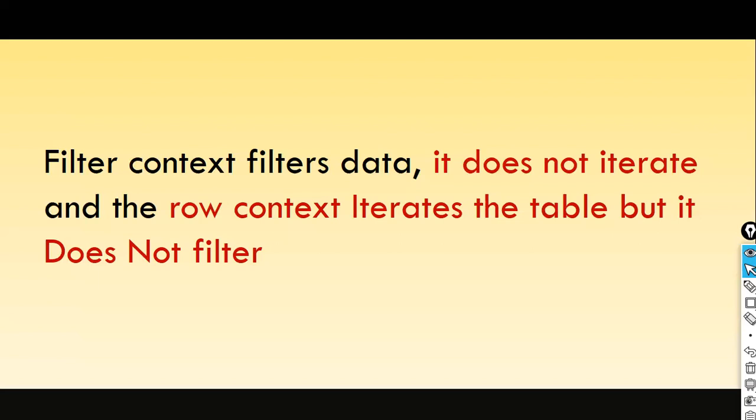In that case, what happened? When I used the calculate function, it applied the filter context. That is what is happening. So the evaluation context we discussed has two types in it, the row context and the filter context. They both can coexist and they are present for all the formulas.